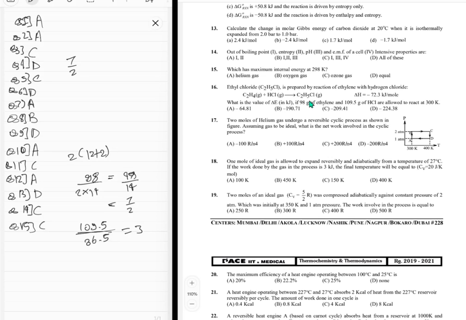Oh, so we have been given delta H, and are we supposed to assume this goes to completion, till one of them just exhausts, at 300 Kelvin? Okay, the temperature won't make a difference unless you give me entropy, right? What is the value of delta E for this reaction?